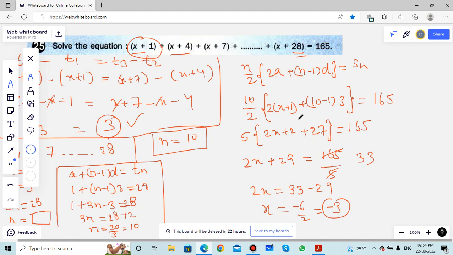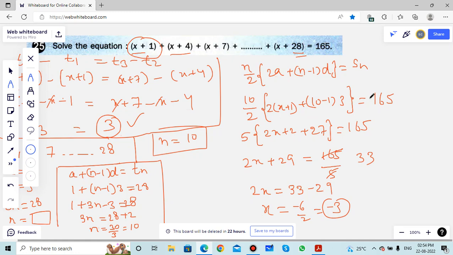So 9 is 27. But it should not be the answer there. Second term minus the first term should give you D. Okay. But x will get cancelled. So 3 is coming up. Okay. Yeah, why not? 3 can be the common difference. Did we use it properly?